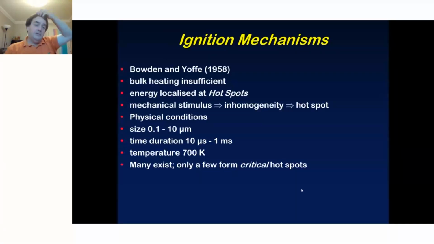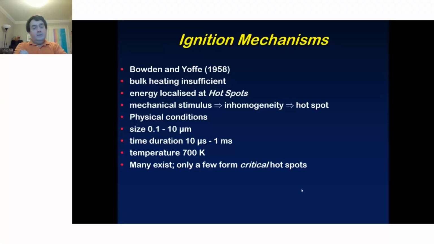Now, the kind of conditions they discovered was the physical size of the hotspot has to be between about 0.1 and 10 microns. And in most of the impact and hazard conditions you find, the duration of the mechanical stimulus is between 10 microseconds and a millisecond. And the kind of temperatures you need to reach are of the order of 700 Kelvin.